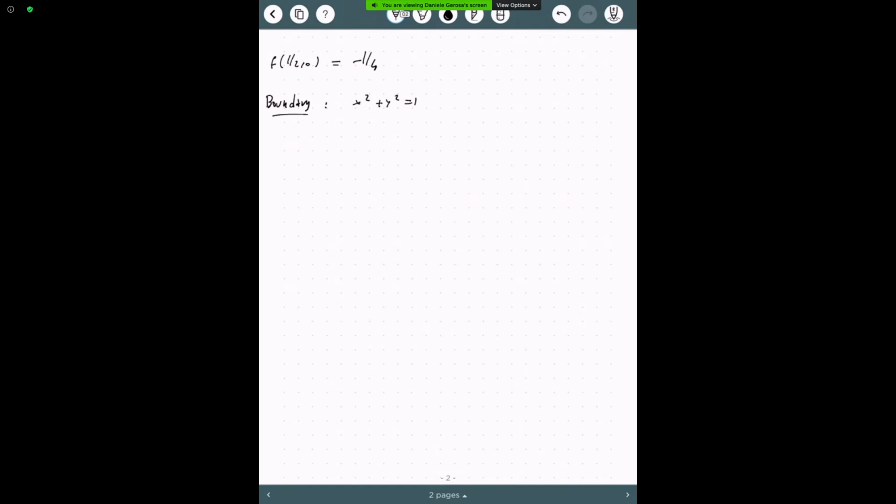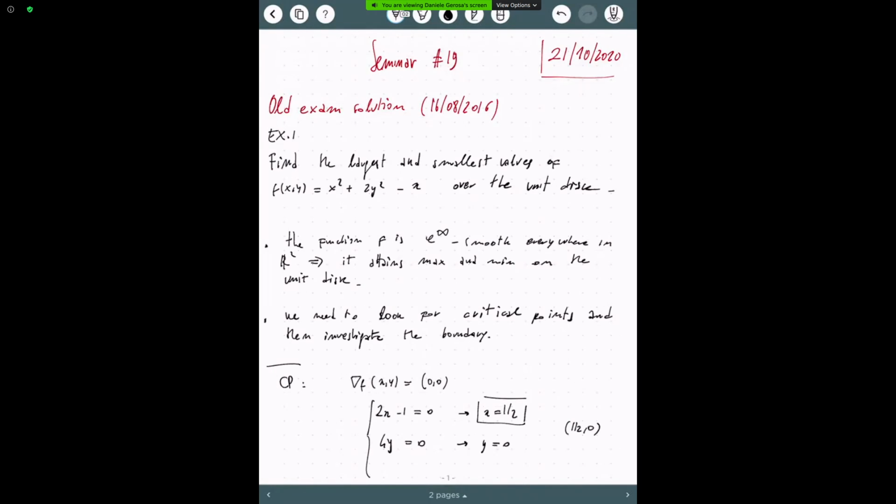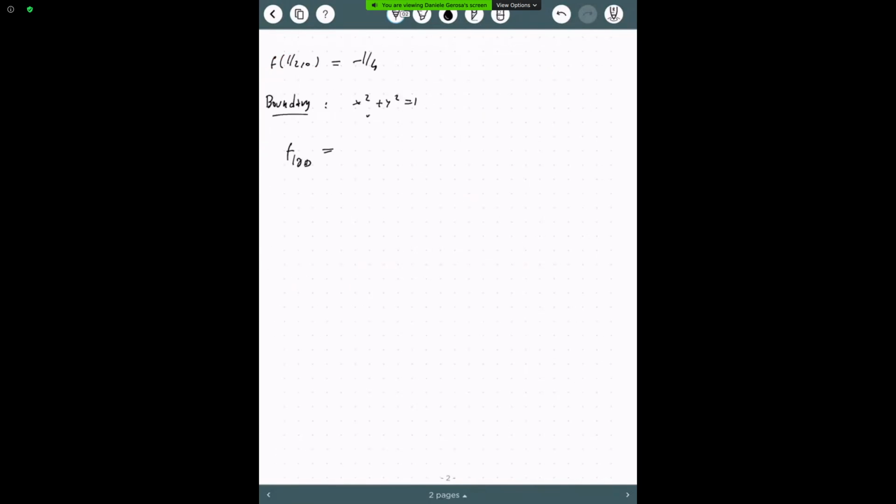Let's see. F restricted to the boundary of the disk. Let me see, what was the function again? Okay, so this boundary can be written as x squared plus y squared equal to 1. So the function was x squared plus 2y squared minus x. You can write it like this: x squared plus y squared plus y squared minus x.